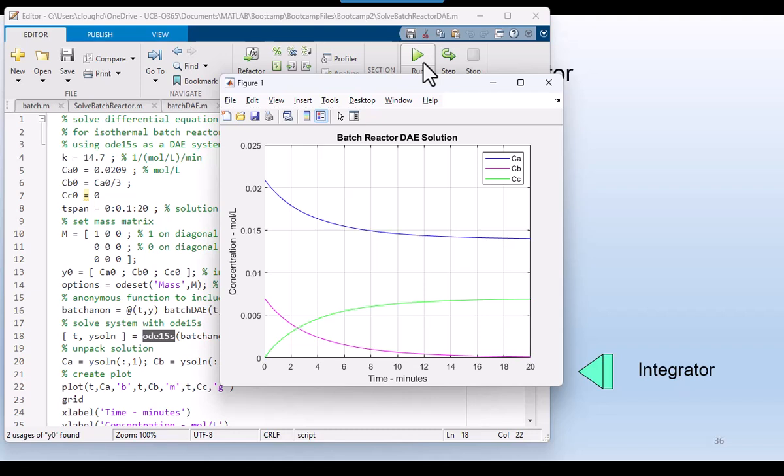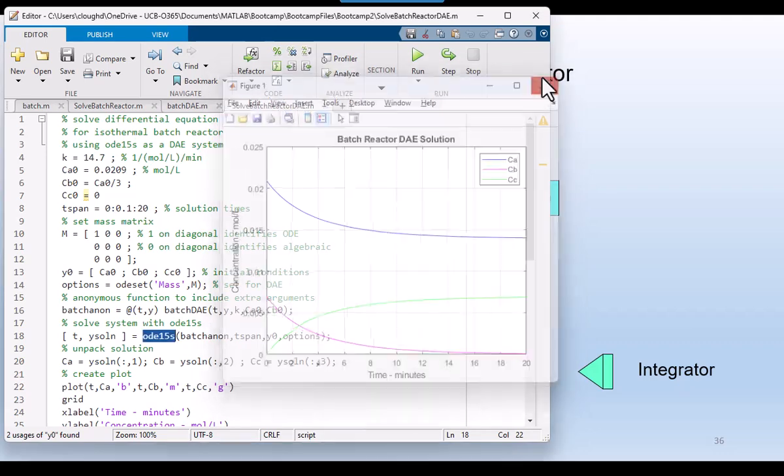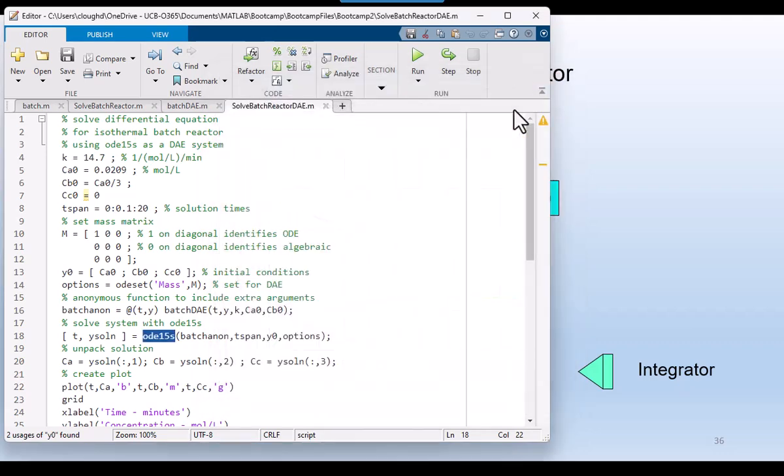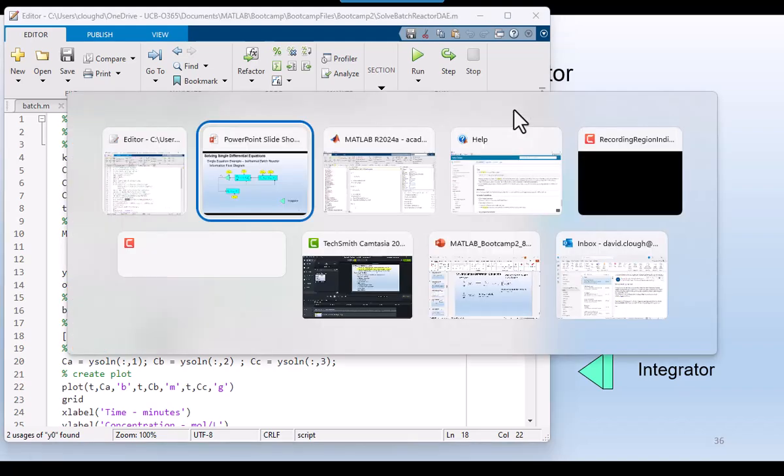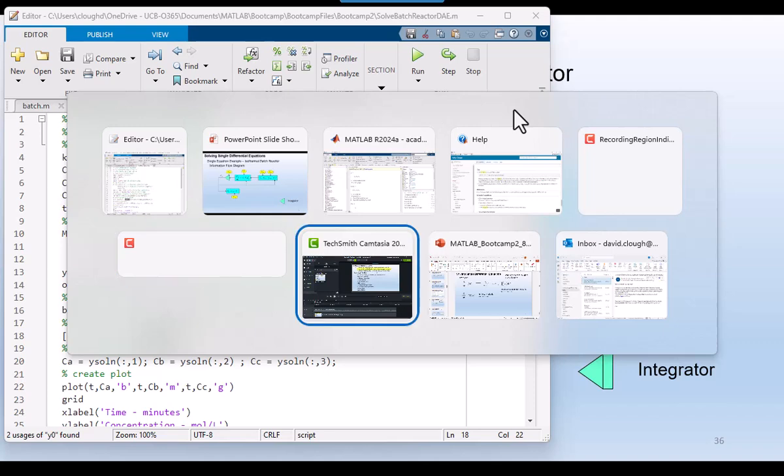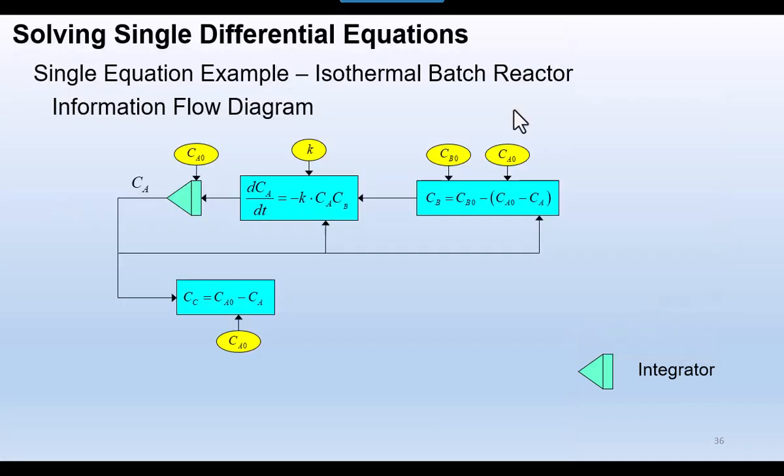So that is the story for solving a single set of differential equations or a single differential equation with adjoined algebraic equations. We've illustrated both of those. So let's go back to our slides, come back around here.